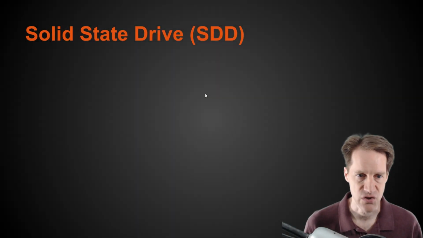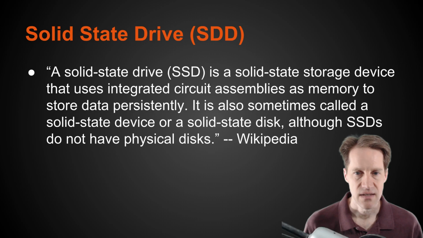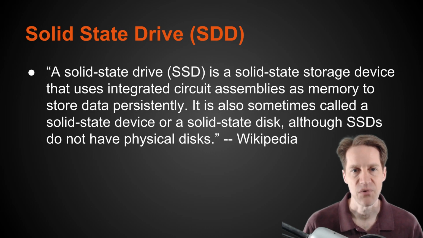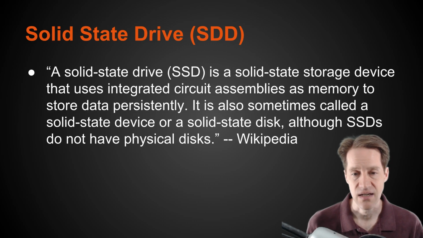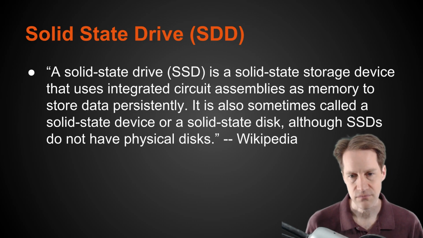Now, a solid state drive is a solid state storage device that uses integrated circuit assemblies as memory to store data persistently. The memory that you would normally use in your computer, when you turn the computer off, everything in it goes away. However, this is a special type of memory used in an SSD that will be retained even though the power goes off.